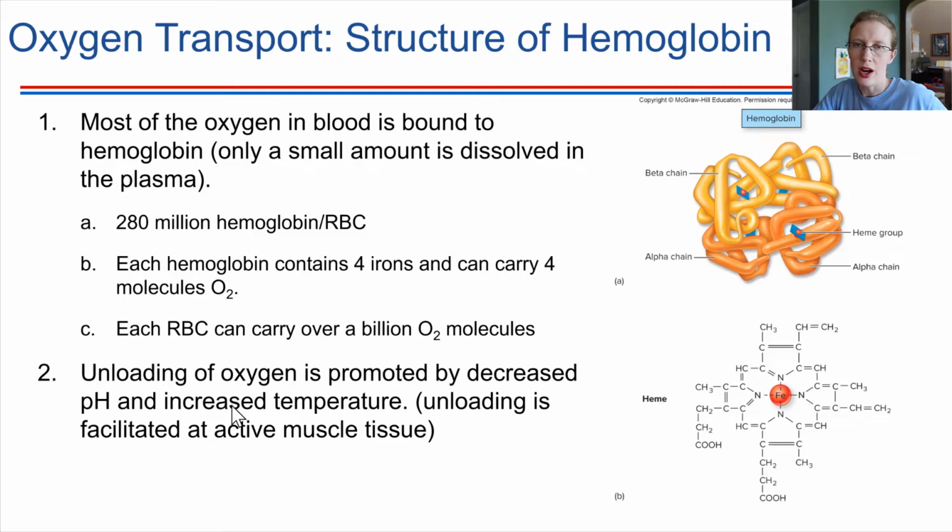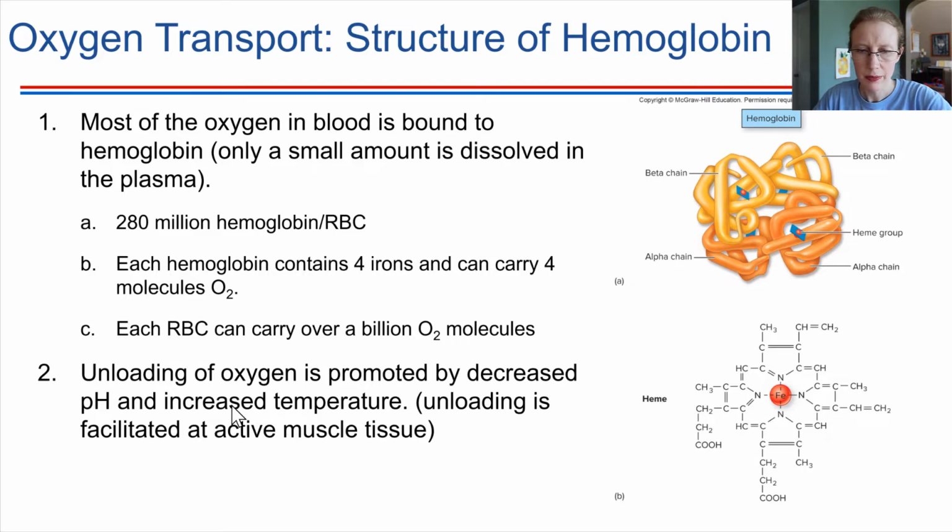Either one will drive the red blood cell to give up its oxygen. This is interesting because you can think about what happens when you're exercising. Your muscles generate heat, and products of metabolism sometimes lower the pH as well. So this tends to drive red blood cells to give up their oxygen where they are most needed, at metabolically active sites in the body.